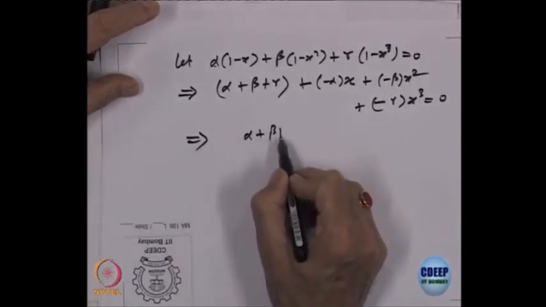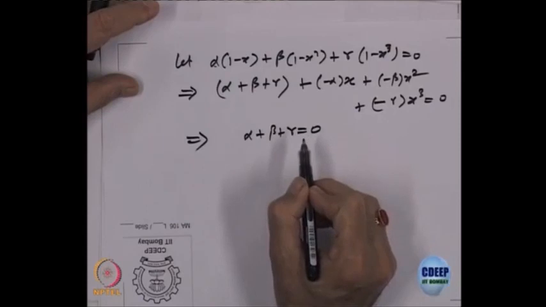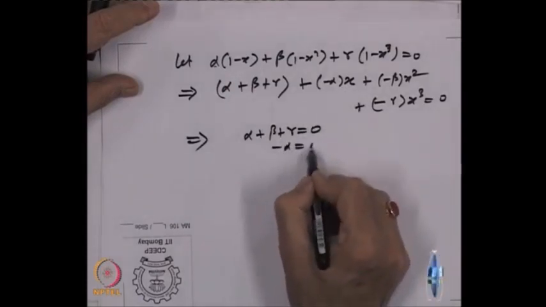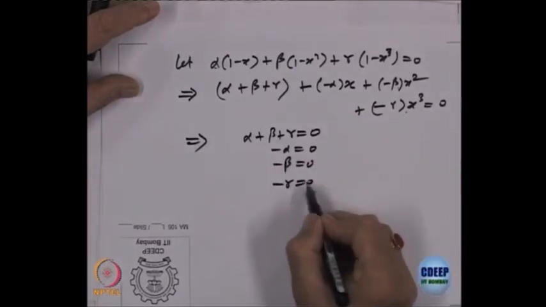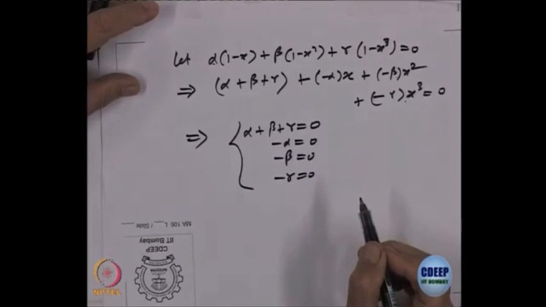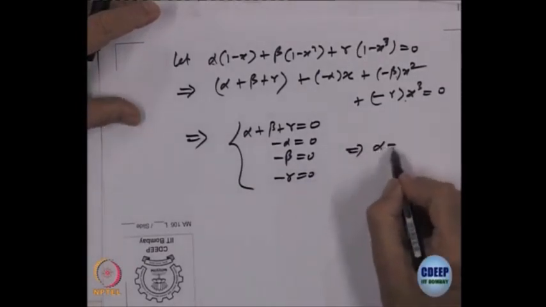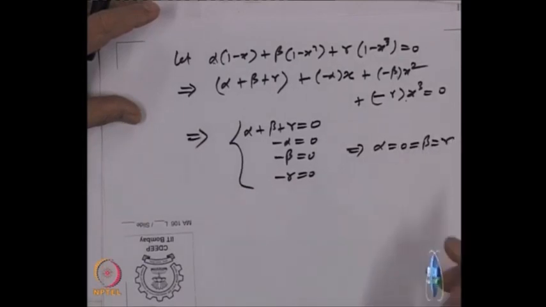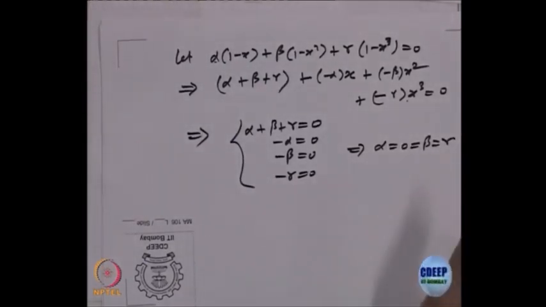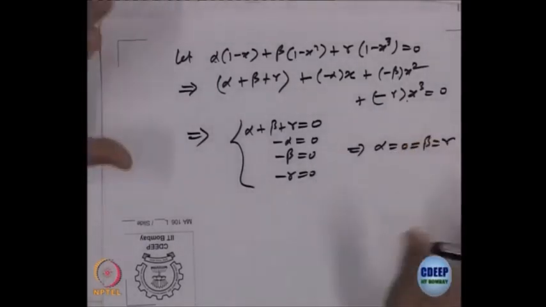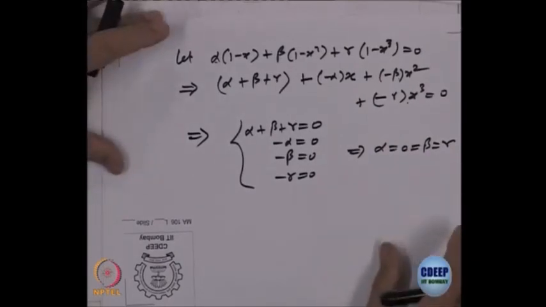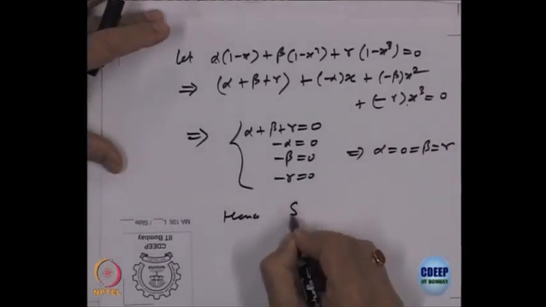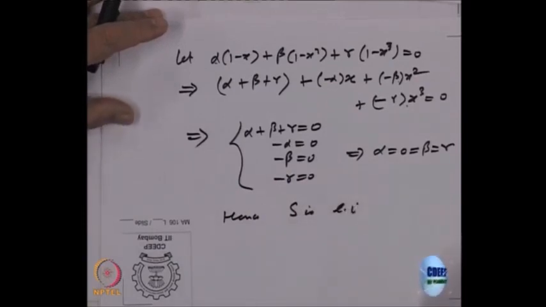Alpha plus beta plus gamma equal to 0, coefficient of x: minus alpha equal to 0, coefficient of x square: minus beta equal to 0, coefficient of x cube: minus gamma equal to 0, right, comparing coefficients of like terms. So, alpha equal to beta equal to gamma equal to 0. Is that okay? Just using the fact that one polynomial equal to 0 means the coefficient of each power must be 0. So, hence S is linearly independent. What is the next thing to show?